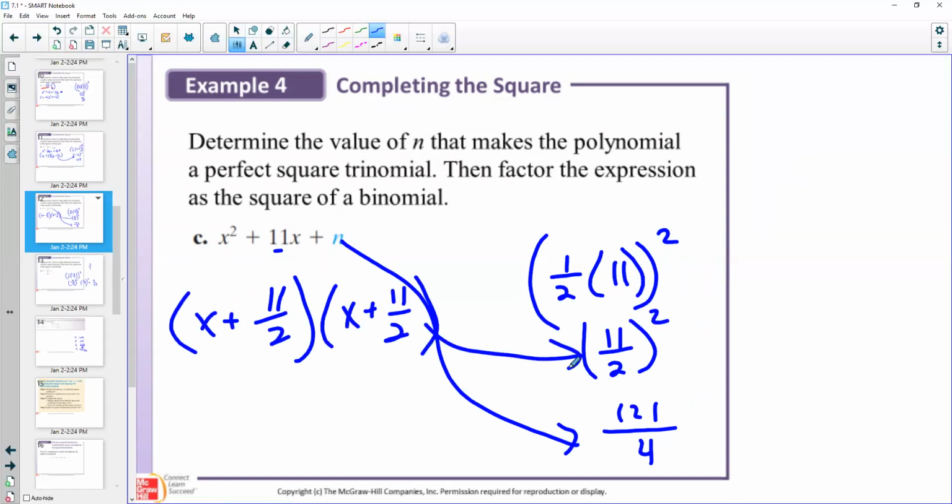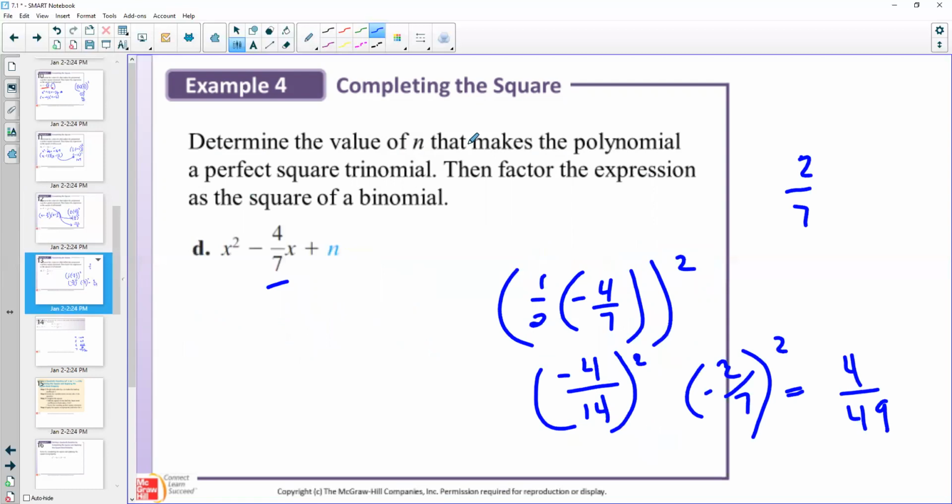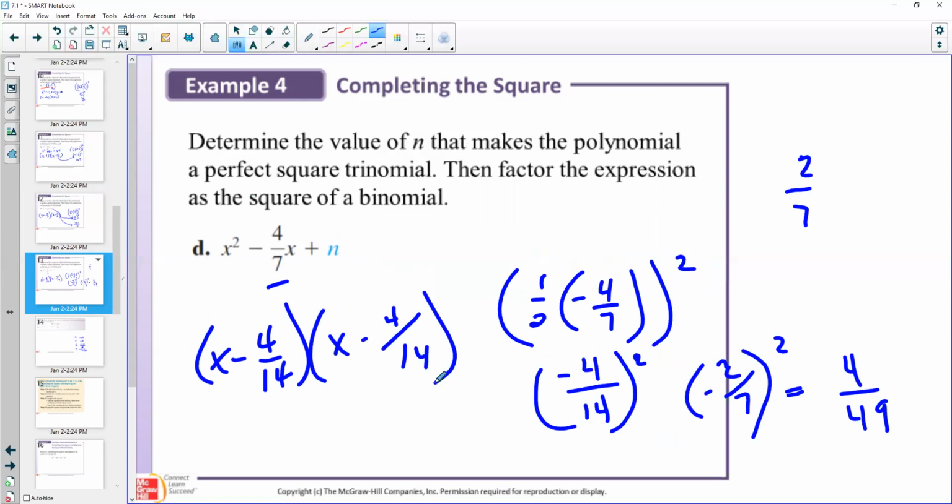The thing there before you square it. In this next one, it would be made out of x minus 4 over 14, x minus 4 over 14. That is where this number to make the binomials comes from each time. It's the step after you multiply by half, before you square.